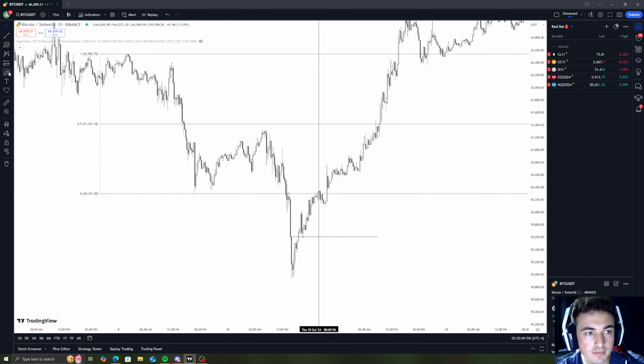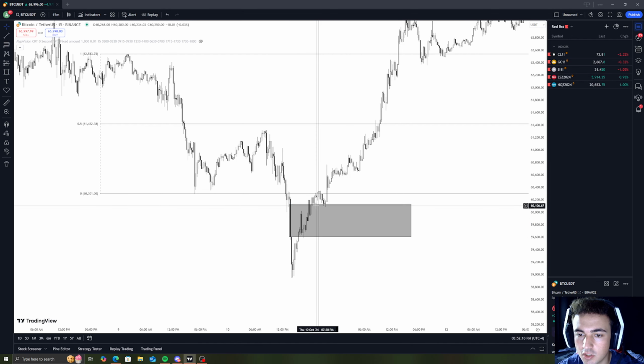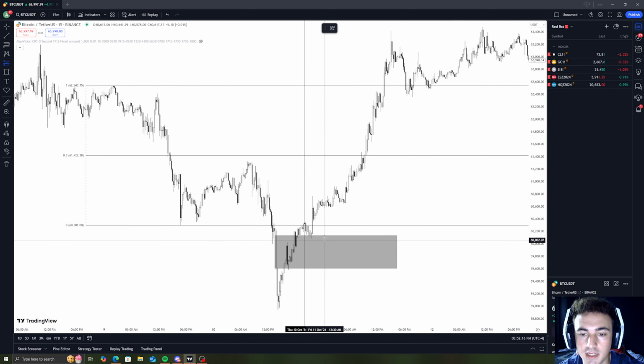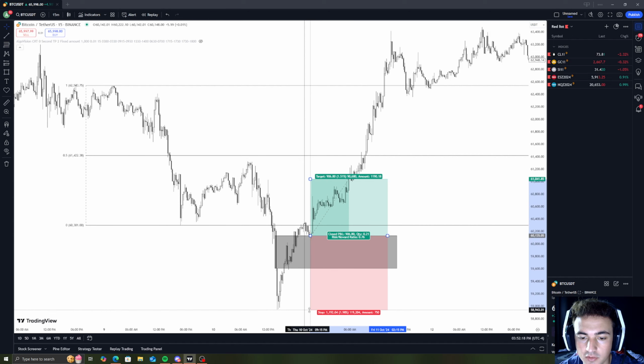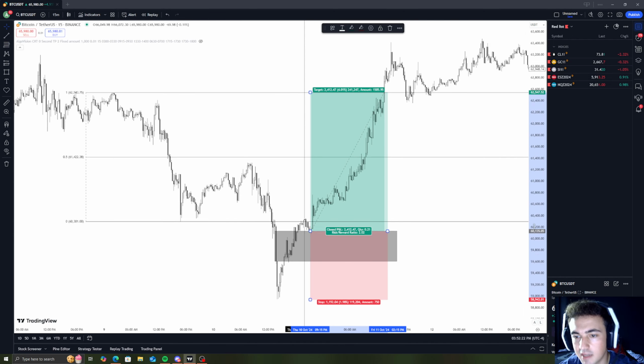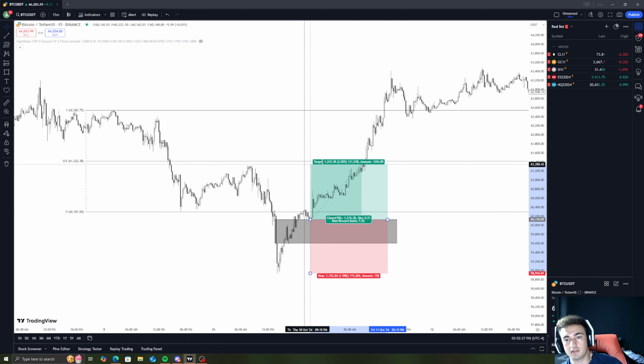So you could have taken this, for example, this inverse fair value gap right here, right? And you could have entered off the inverse fair value gap, stop probably below right here because you want good risk to reward. And if you would have put it at the low of candle 2, it would not have been good risk to reward, unless you were targeting the other end, and that would have been 2 to 1. So that would have been pretty good still. But the midpoint would not have been that great of risk to reward.